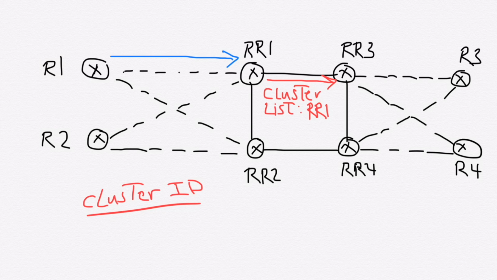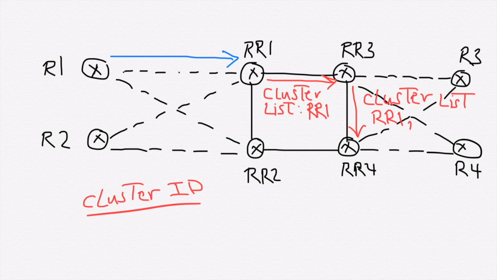Now, when RR1 receives an iBGP update from R1, RR1 will reflect this iBGP update, adding its cluster ID to the cluster list attribute in the iBGP update to RR3. And RR3, when it reflects this iBGP update to RR4, adds its cluster ID to the iBGP update to RR4.